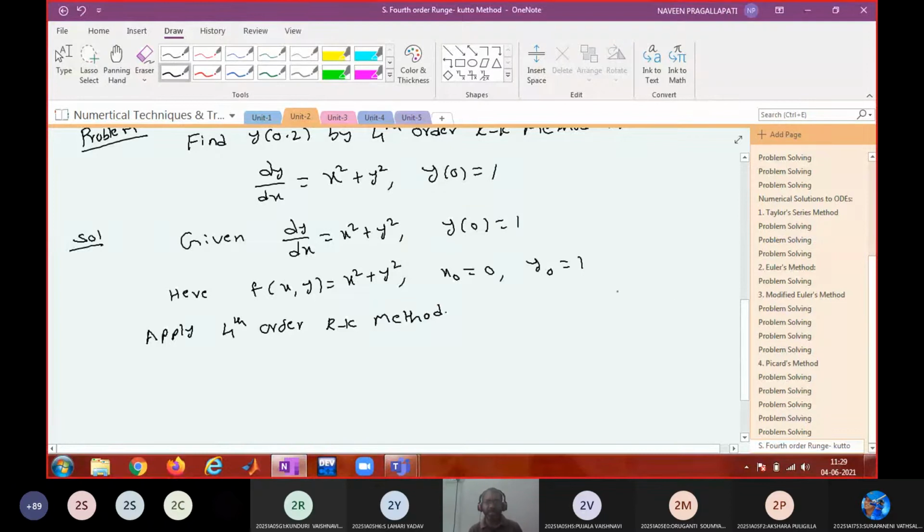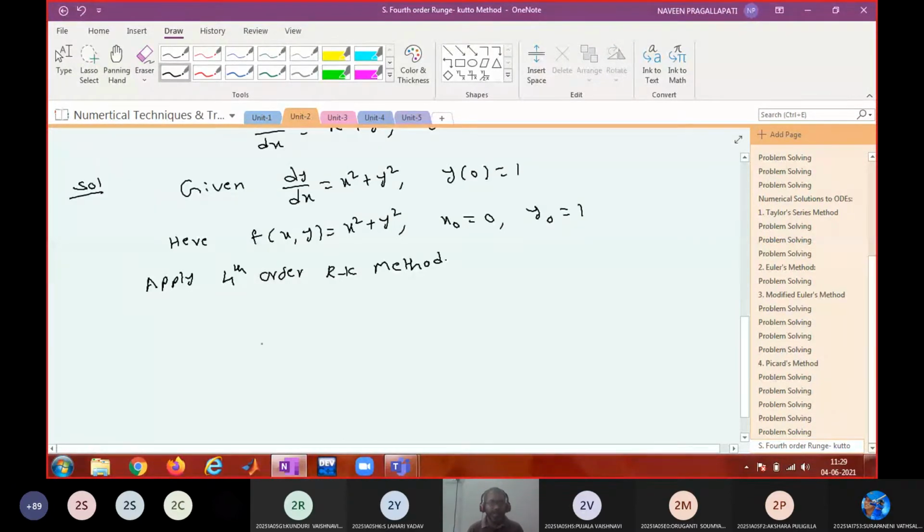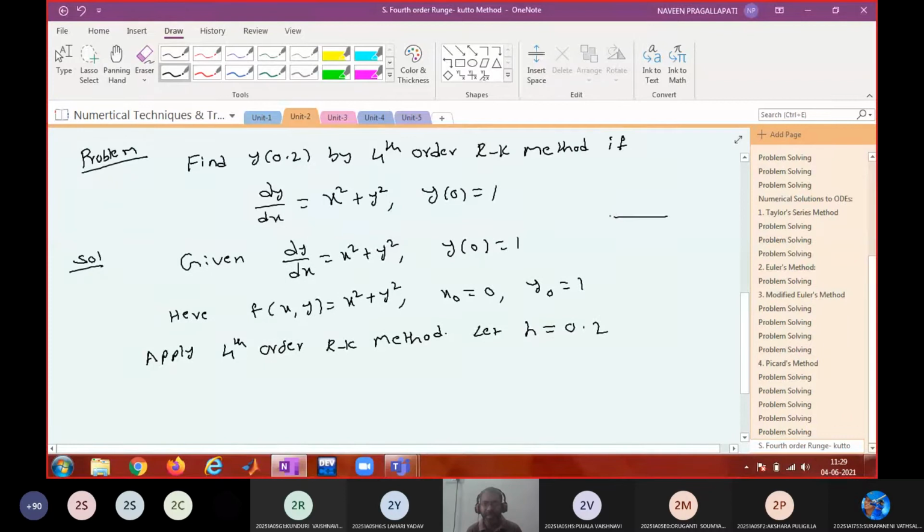Just write down the formula. Let h equal to 0.2. We are going to find out the value in a single step. So 0 is here, 0.2 is here, we have h.